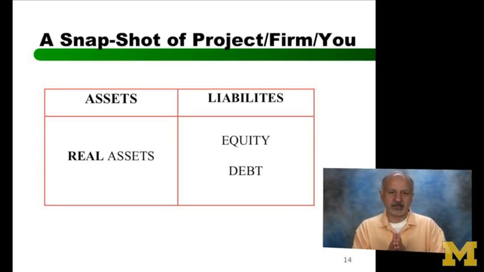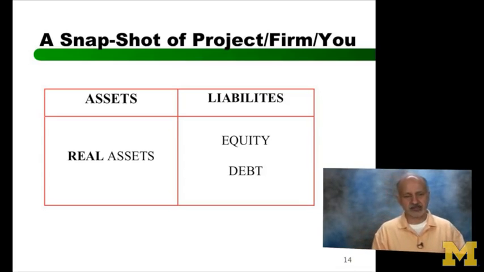I think of it in the following way, as do most people who understand finance really deeply: on the balance sheet, on the asset side, are real assets. You could have a financial firm which has financial assets on both sides, but we are largely talking about real assets here. And what are real assets?